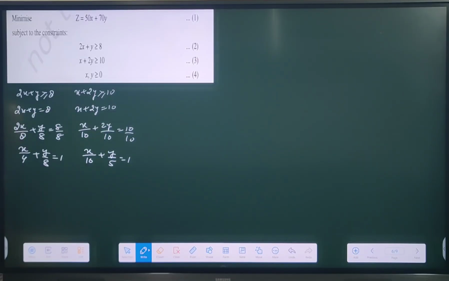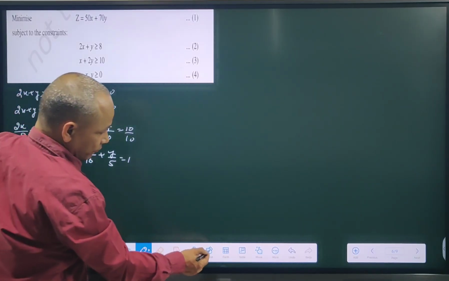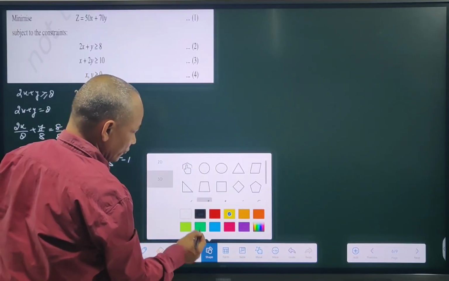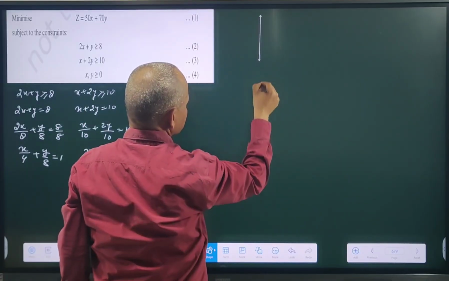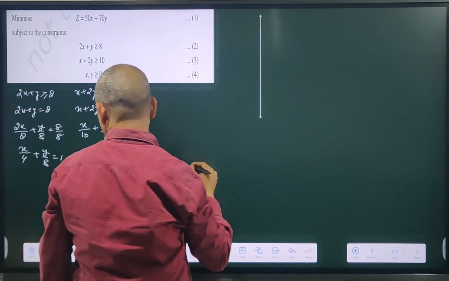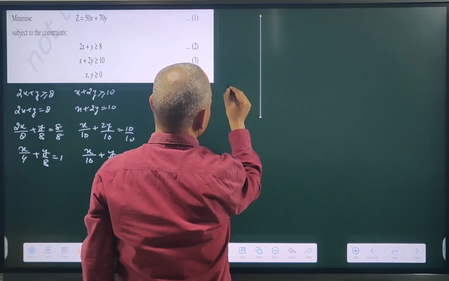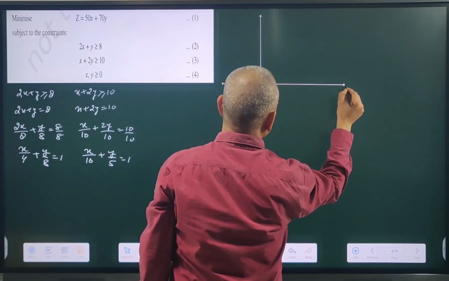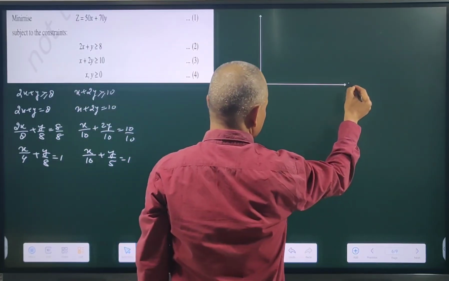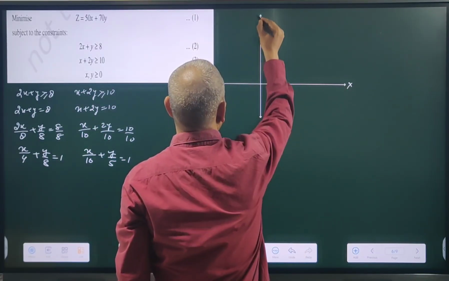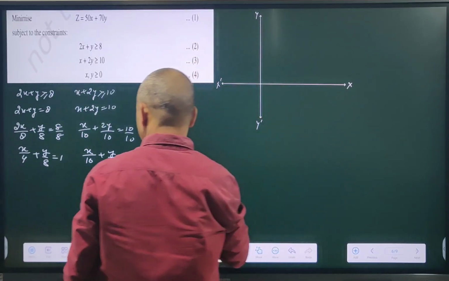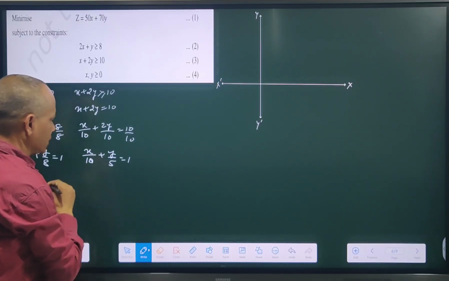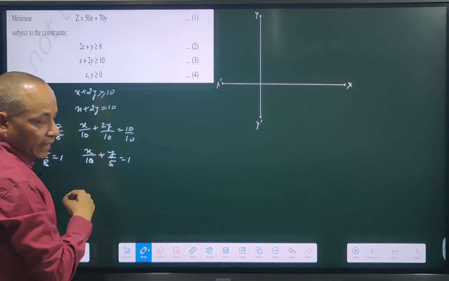Now we will draw the graphs of these inequalities. For that, we'll have this as the x-axis, this is the y-axis, X dash, Y dash. On x, the maximum value that we have to mark is 10, and on y, the max value is 8.